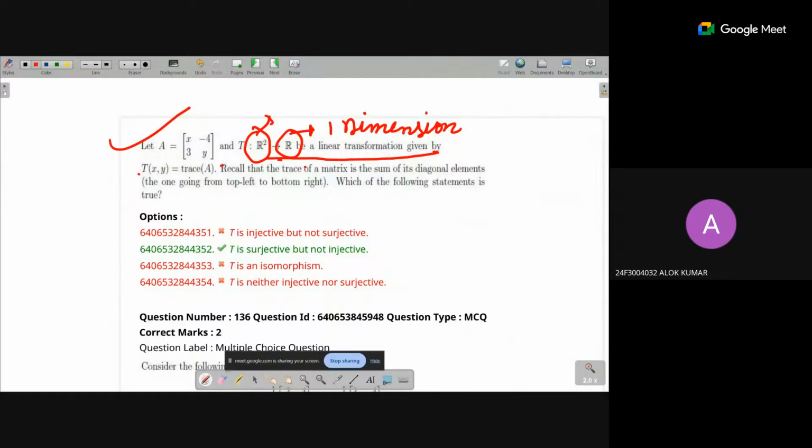The transformation is given by the trace of A. So what is trace of A? The trace of any matrix is the sum of its diagonal. Everybody knows that.